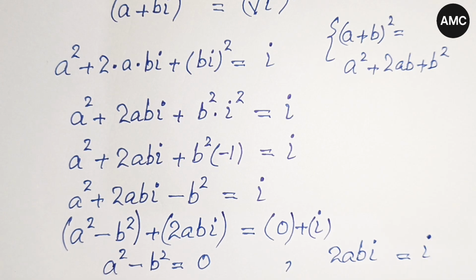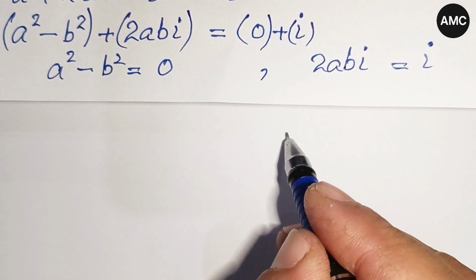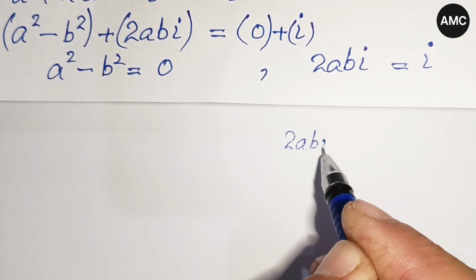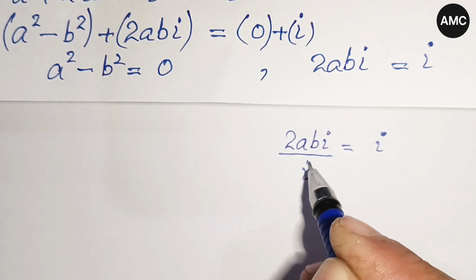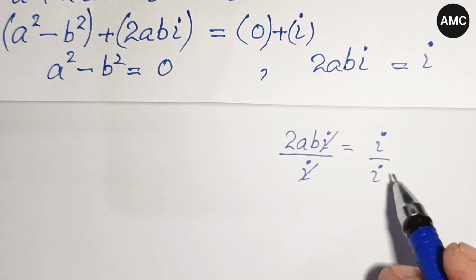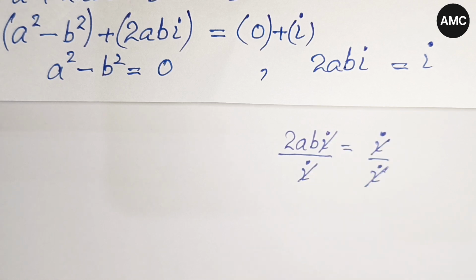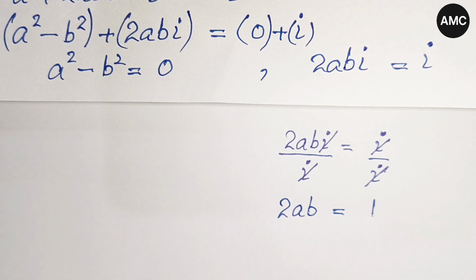So now our next step: 2ab iota, if we divide by iota on both hand sides, this iota is cancelled with iota, and here we get 1, so we get 2ab is equal to 1.